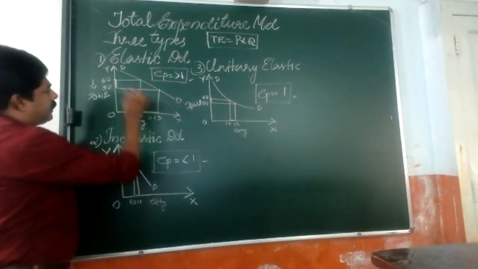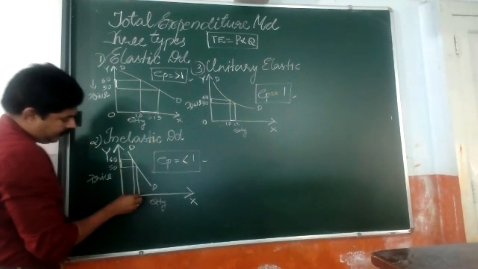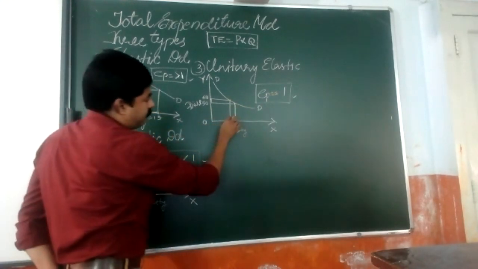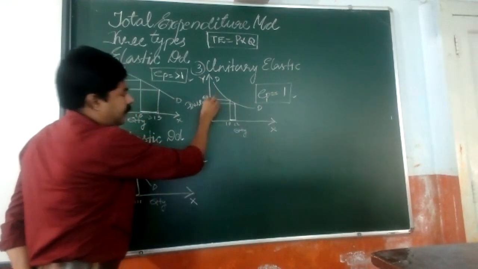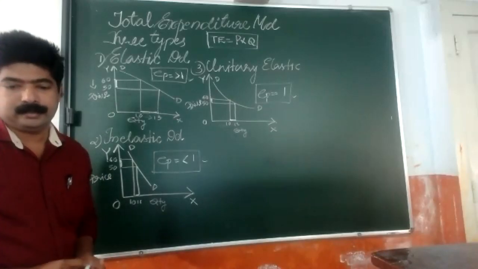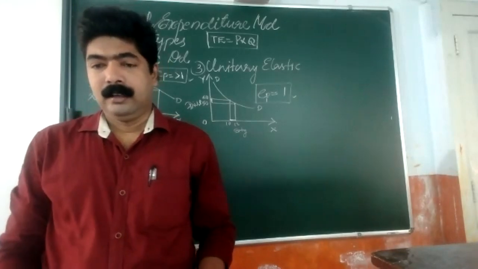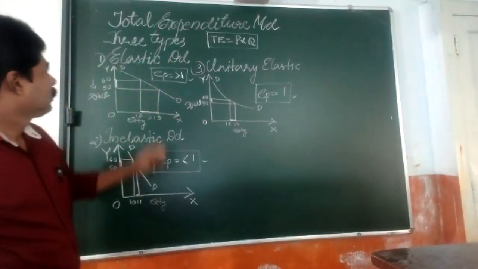So in all these three diagrams you have to show the variations or the difference in the gap also. When you show the diagram, if these gaps are in the opposite way, that will be wrong. So keep that in mind. This is what the total expenditure method is about.